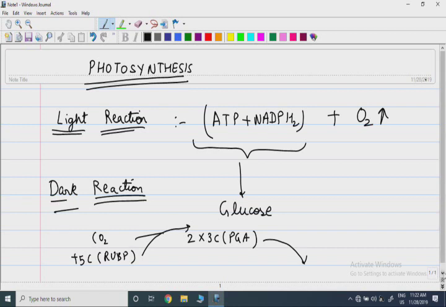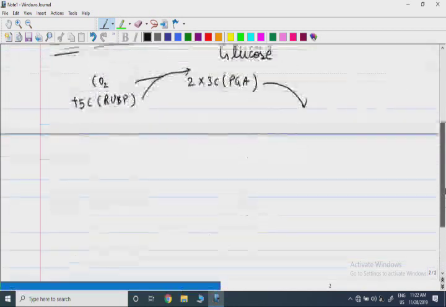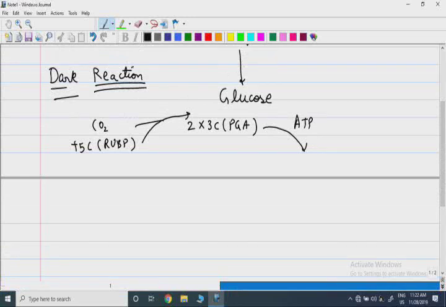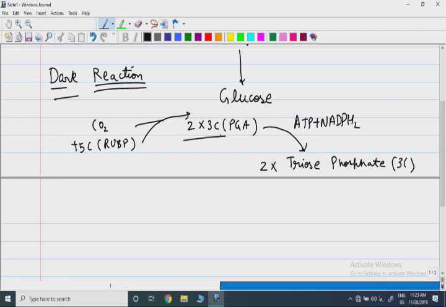This is converted with the help of ATP and NADPH2 into a thing called triose phosphate. Actually it is 3-phosphoglyceraldehyde, to tell you the reality. Or the other compound is dihydroxyacetone phosphate, but no matter. So basically this is a 3-carbon compound, and because we are getting 6 carbons, here is also 6 carbon, here also we have 6 carbon.